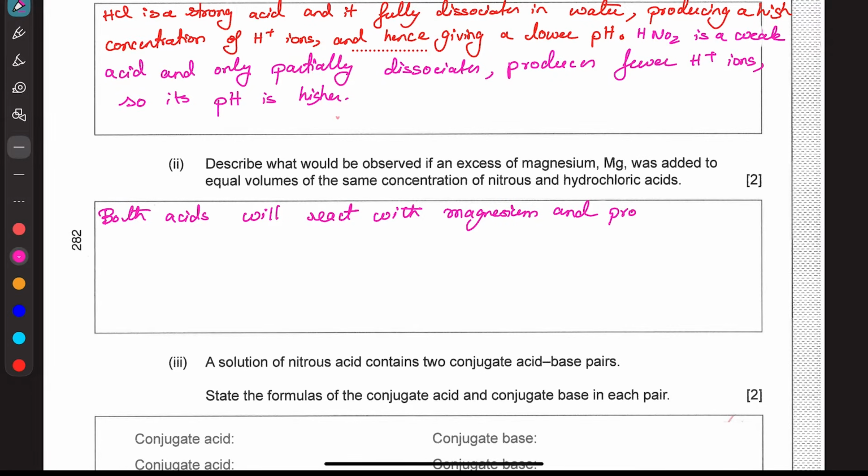Magnesium will react with both acids and produce hydrogen gas and a salt of magnesium.